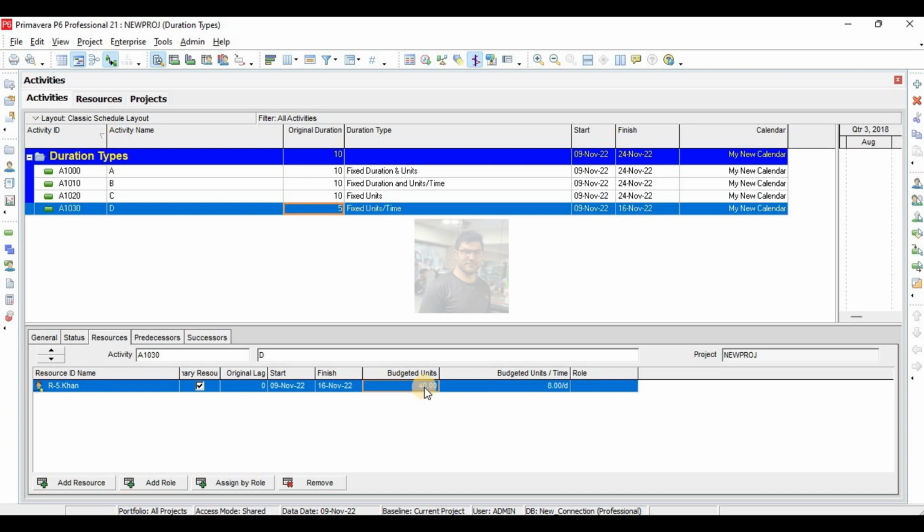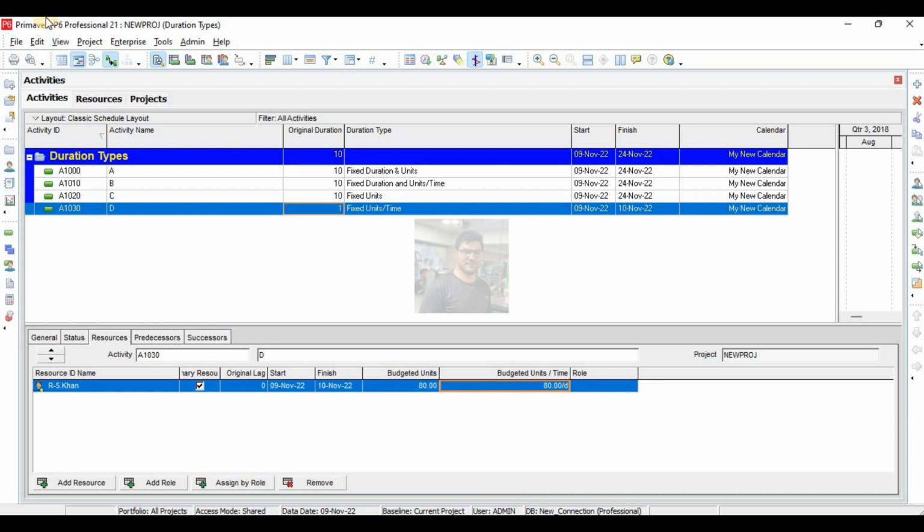It will work for 40 units. Similarly, if I change this one to 80, duration will change, not units per time. But what if I change units per time? Here in both fixed units and fixed units per time, duration will change if you change this. I make it 16, duration is changing, not units.